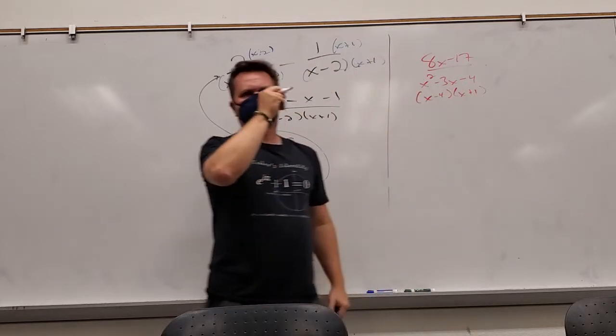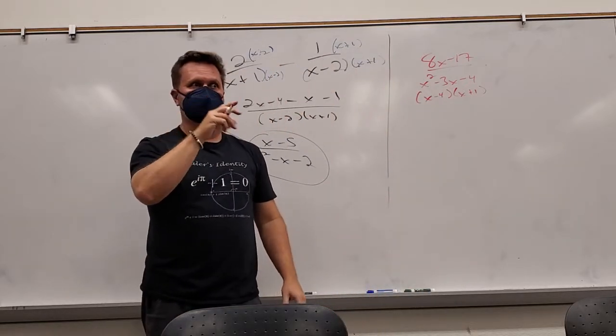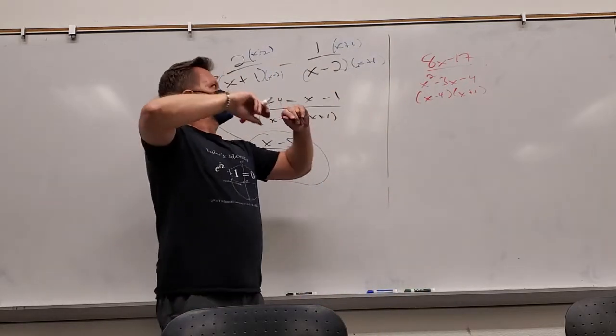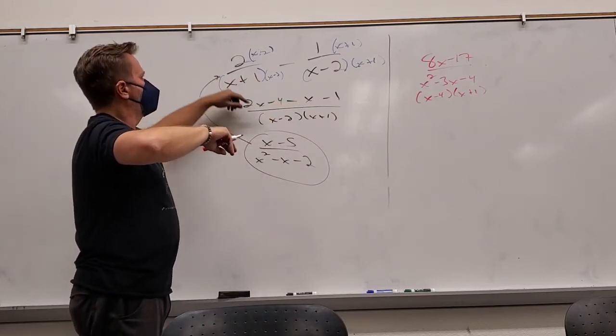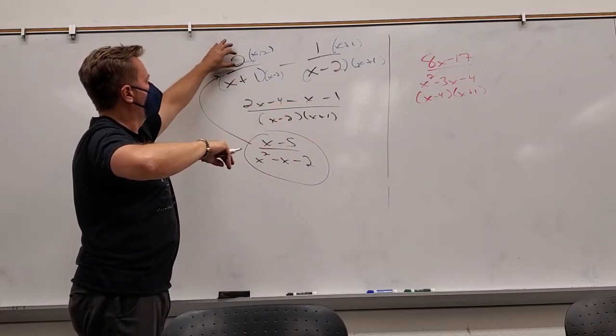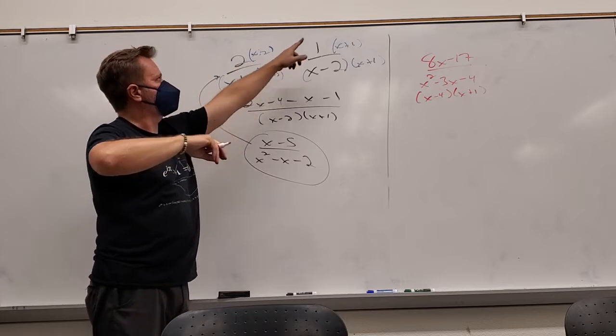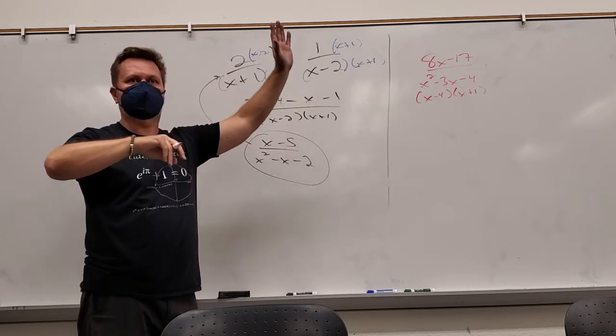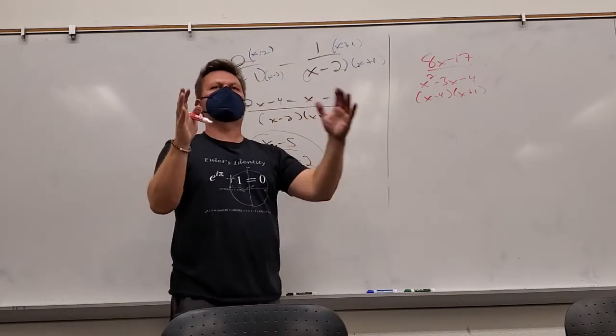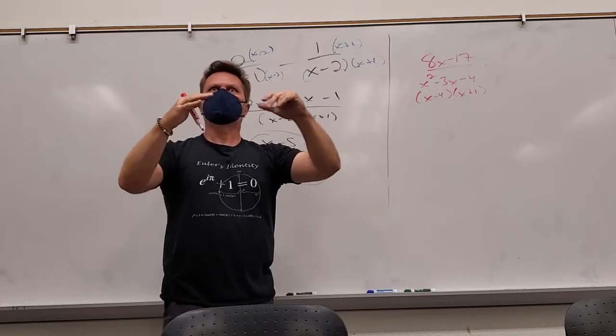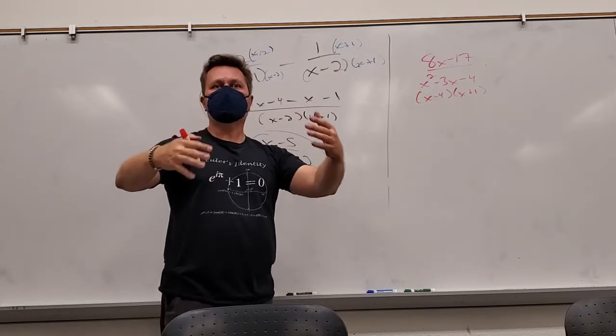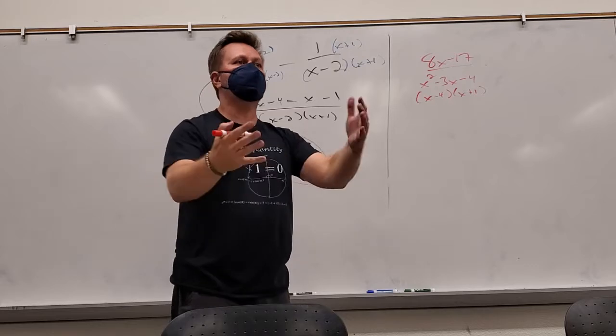So here's the coolest thing in the world. I really want this to make all the sense in the world. It had to have come from some constant over one of them, plus some other constant over the other, right? You're going to assume the form of the answer, and we're not assuming anything, to be honest.